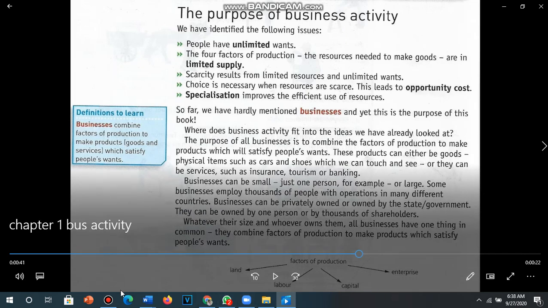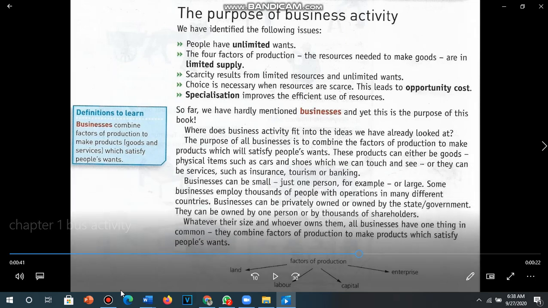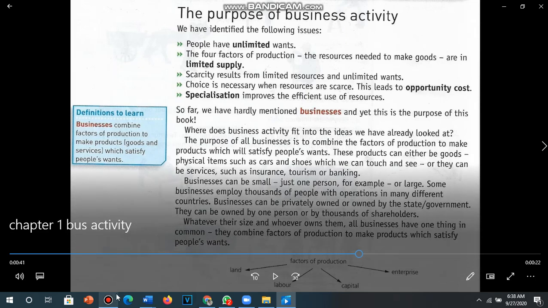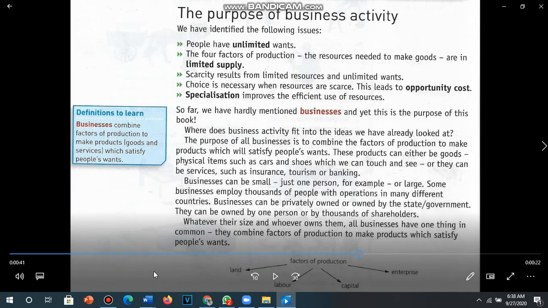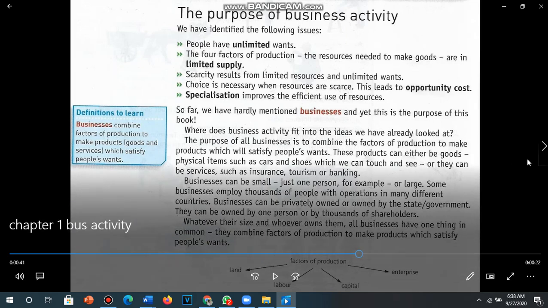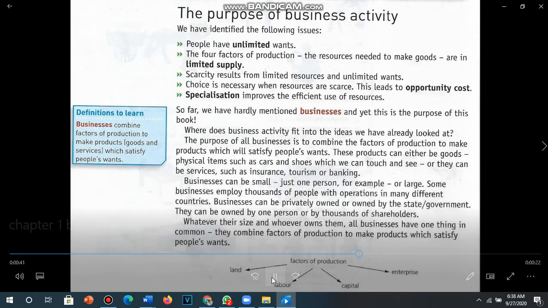They can be owned by one person or by thousands of shareholders. And whatever their size and whoever owns them, all businesses have one thing in common. That is to combine the factors of production to make products which satisfy people's wants. We all know that the factors of production are 1, land, 2, labor, 3, capital, and 4, enterprise.